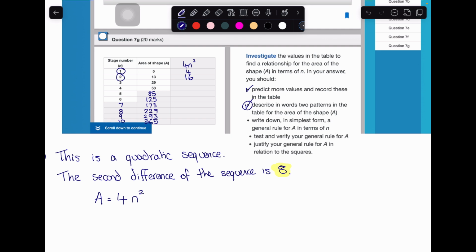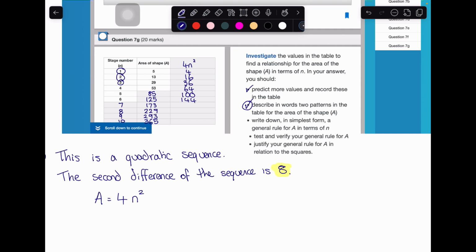When n is 3, then 4n squared would be 36. When n is 4, 4n squared would be 64. When n is 5, 4n squared would be 100. When n is 6, 6 squared times 4 would be 144.